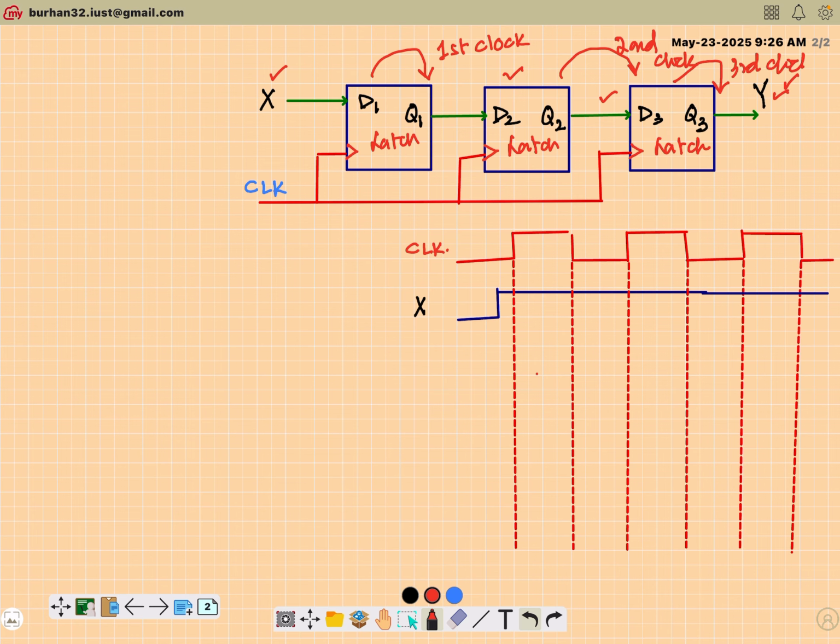So third clock here. By the end of the third clock, I should get my input X at the output Y. Right? But does it really happen? Is this the way this circuit will behave?